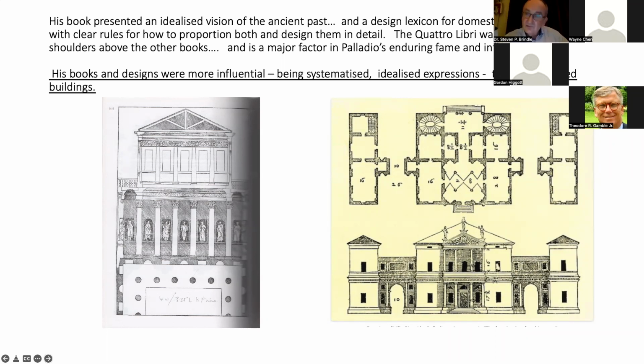He gives you rules on how to design the orders. He shows you what the actual dimensions and size of ancient buildings are. He gives you modular rules for proportioning both the orders in detail and for buildings at the large scale.